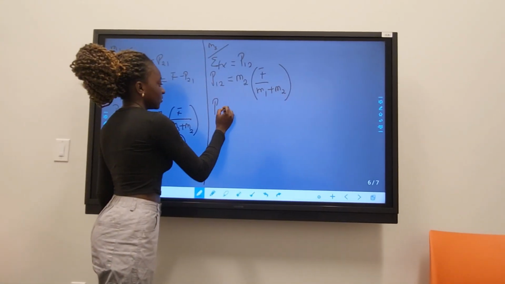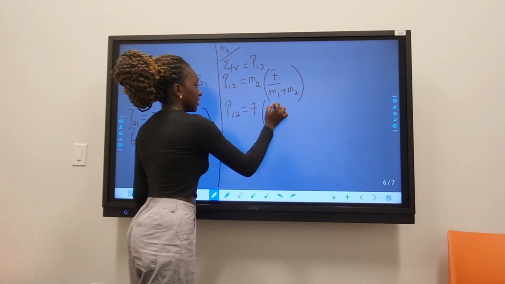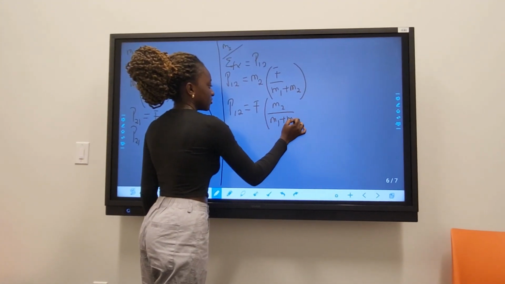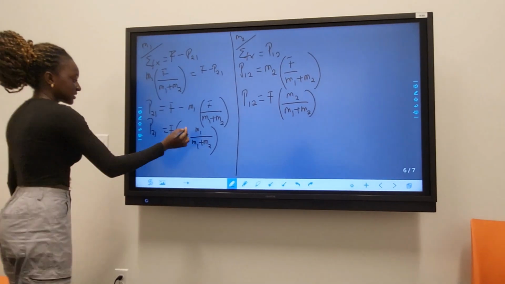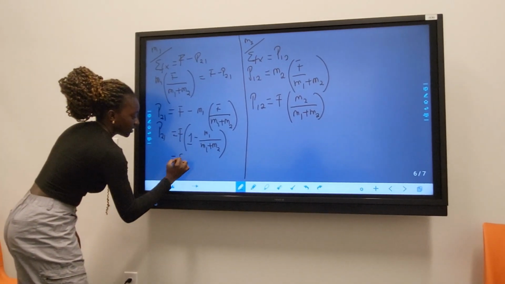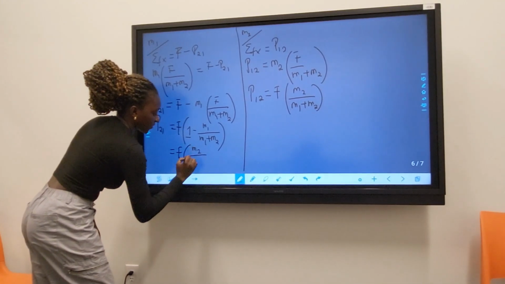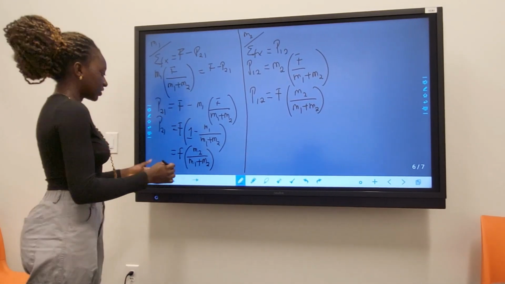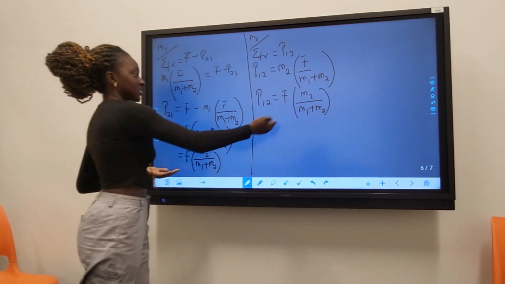We can take F out, so it's F times m2 over m1 plus m2. For what we got for P21, we can simplify this into F times m2 over m1 plus m2. Looking at these two equations, we can tell that they are actually the same.